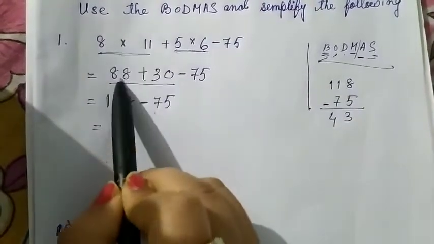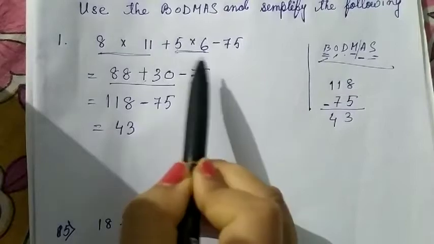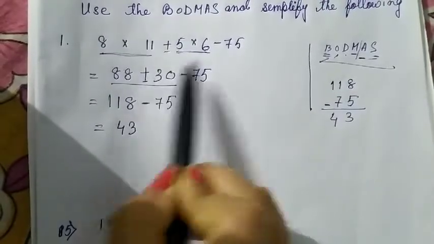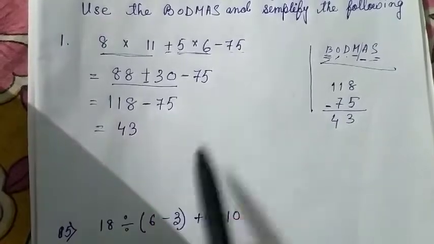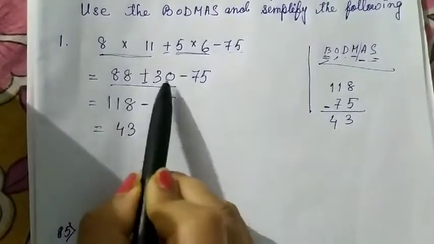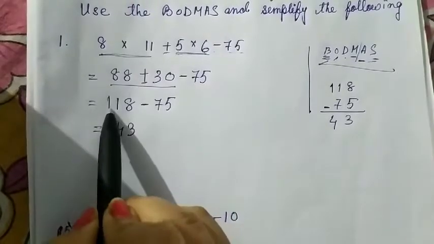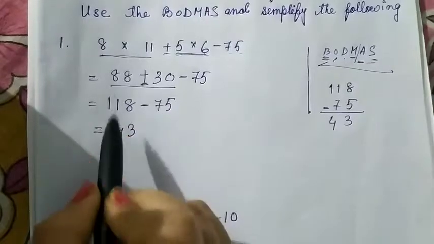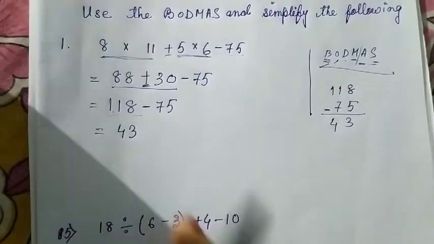So 8 elevens are 88, 5 sixes are 30. The remaining signs and numbers will be the same. Now we do 88 plus 30, addition, and after that the subtraction.